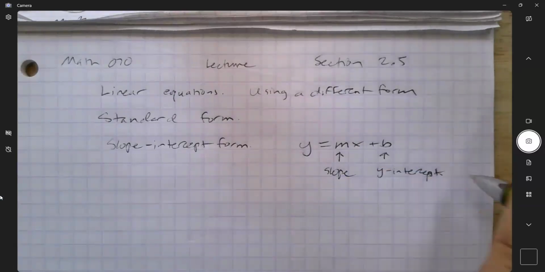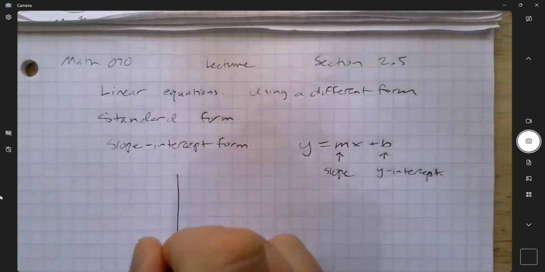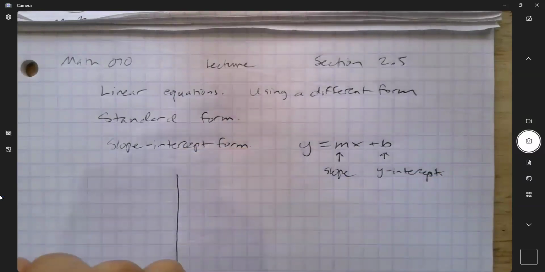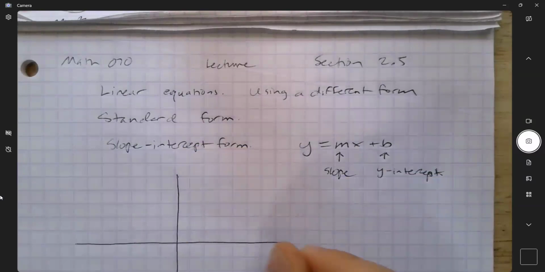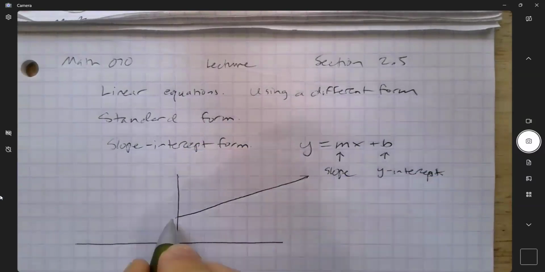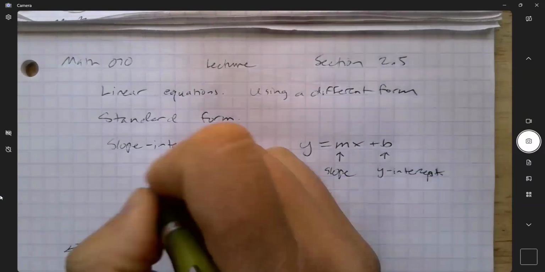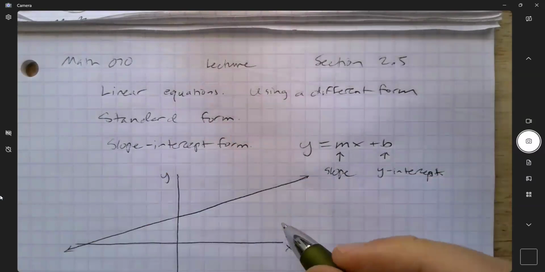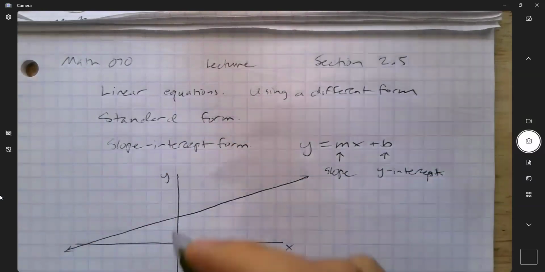And if you have a line graphed like this, then you can figure out the formula for the line by looking at the slope.